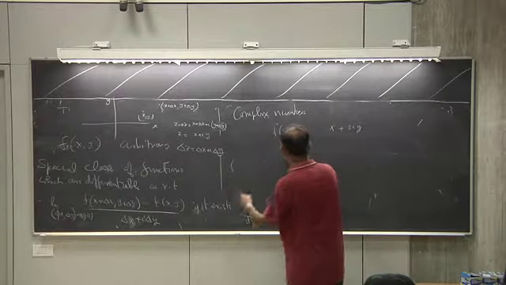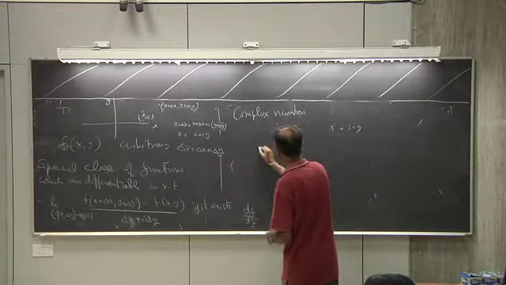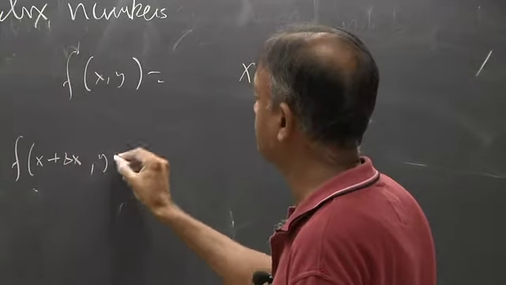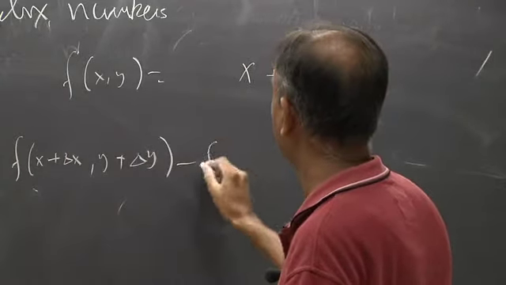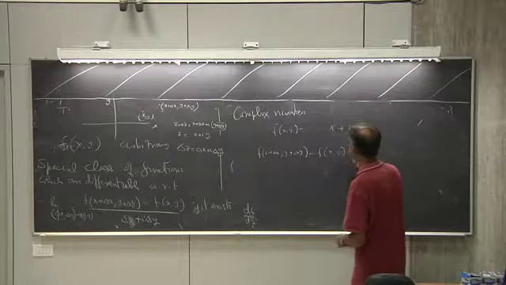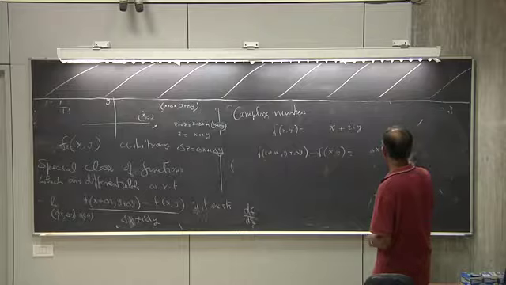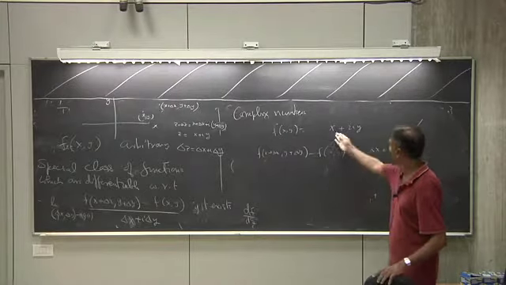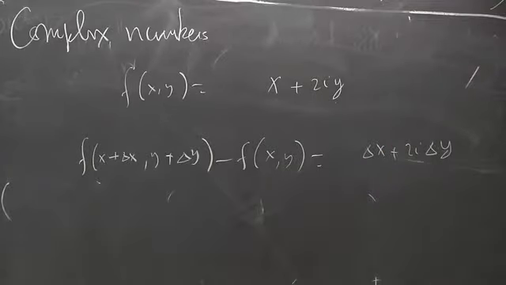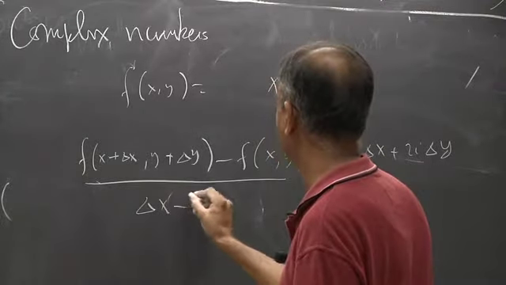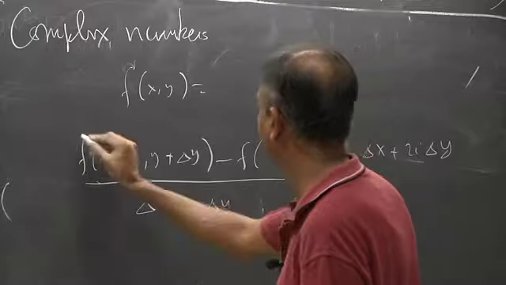So we want to compute the numerator, f of (x plus delta x, comma y plus delta y) minus f of (x, y), which is simply delta x plus 2i delta y. This is linear, so it's very simple. Now I want to divide this by delta x plus i delta y.